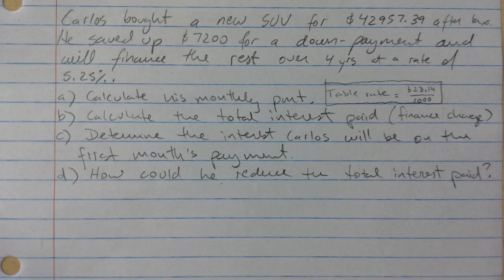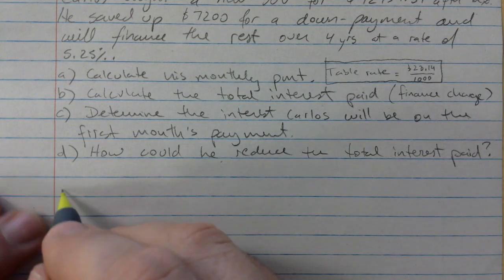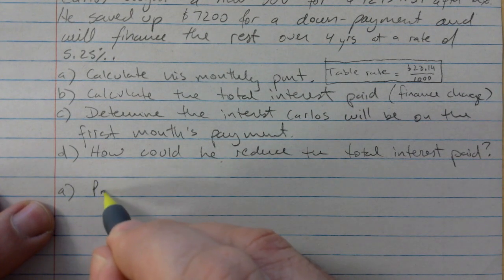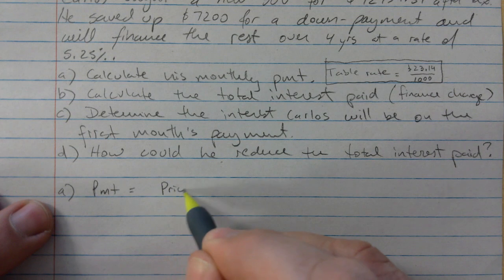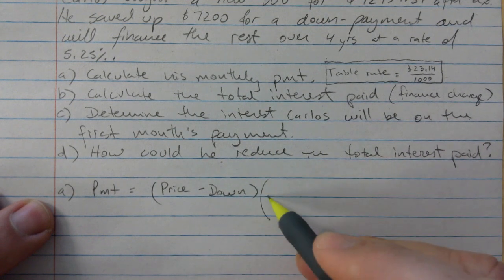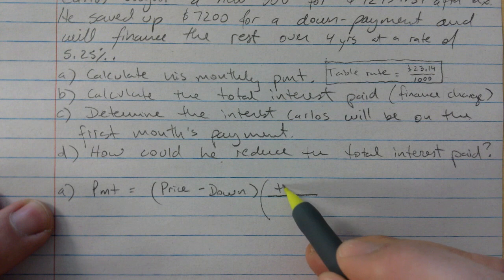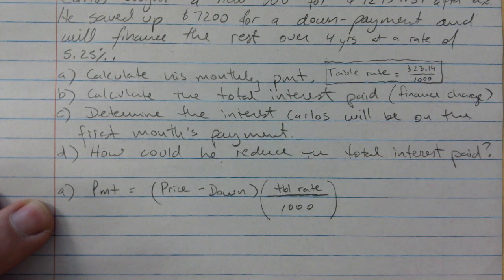I'll start solving it now, and then I'll give you some review materials if you want more. So to find the payment, you take the price of the car minus any down payment mentioned, and you multiply it by a table rate divided by 1,000. That's how you find the monthly payment in this unit.